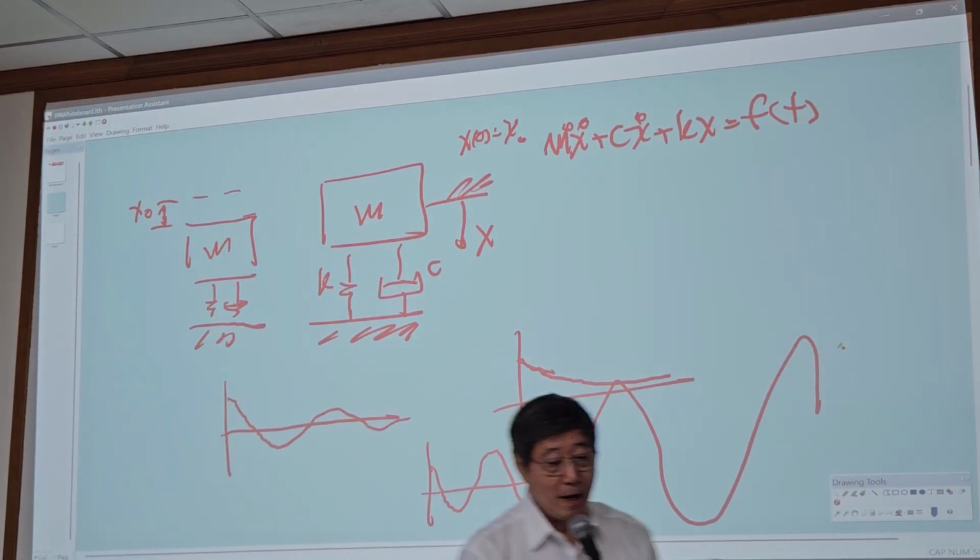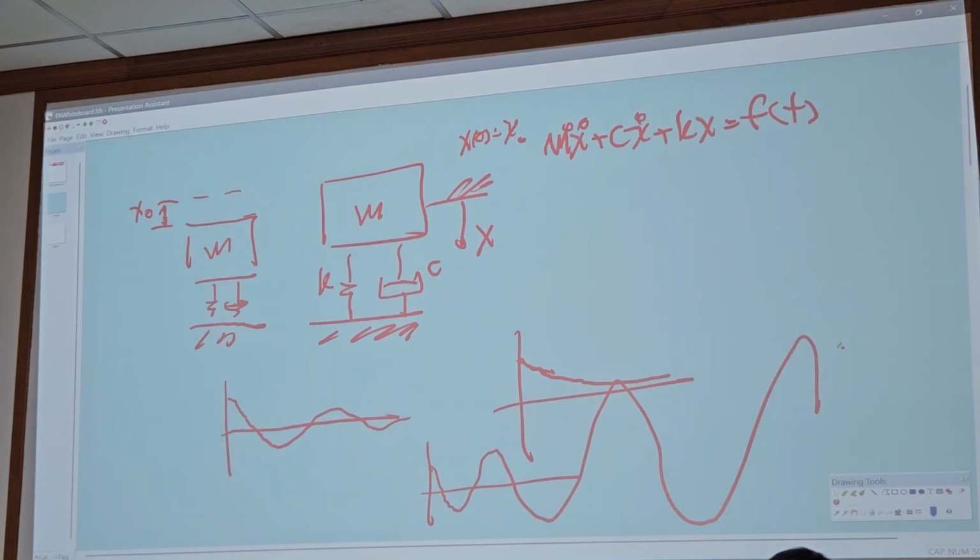Look at this one, you have eigenvalues here. How many eigenvalues do you have? Two eigenvalues.